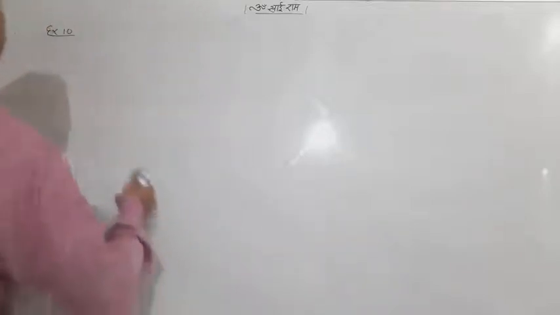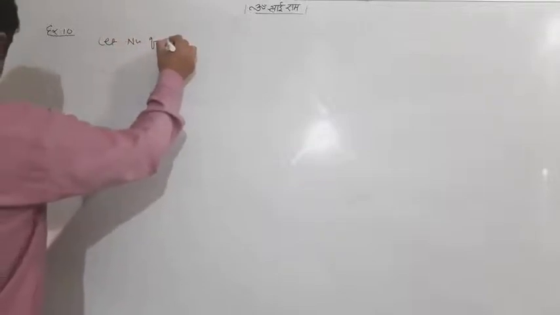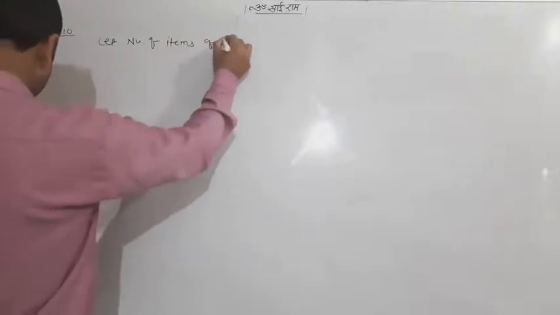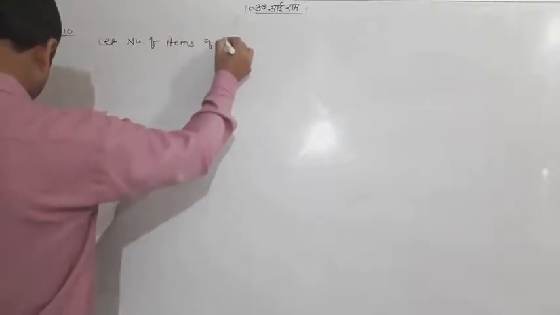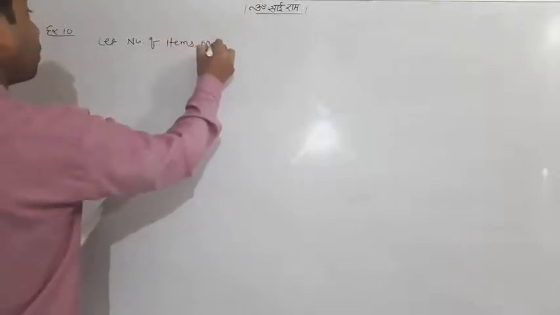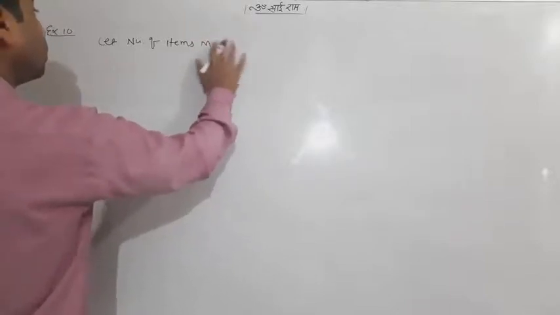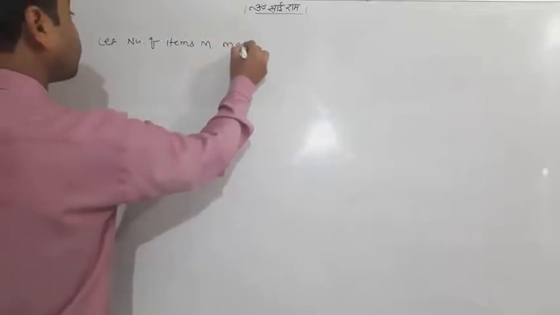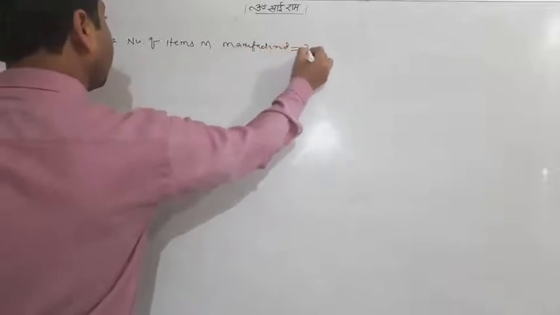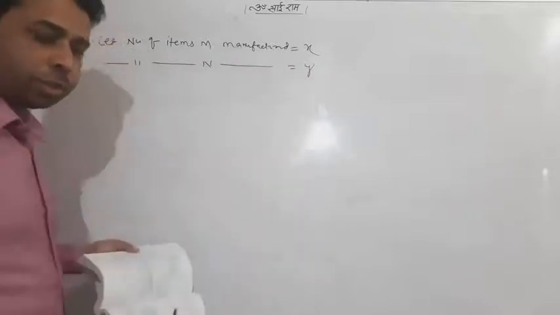So definitely I'll start with: let the number of items of M manufactured be x, and the number of item N manufactured be y, by 3 machines.